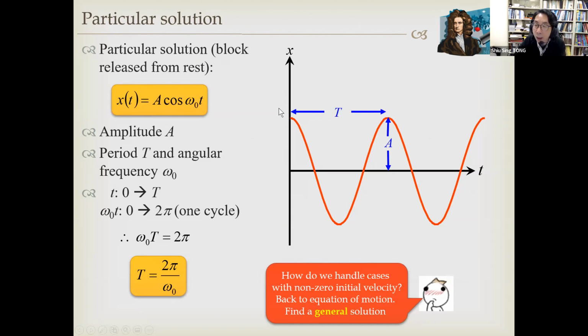If instead I give the block an initial velocity, I give it a kick, so how would it move? How do we specify the initial velocity and the initial position in a more general way to obtain the solution? This is the problem that we are going to deal with. We are going to find a general solution to this problem.